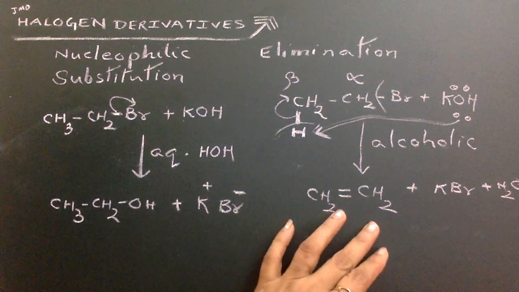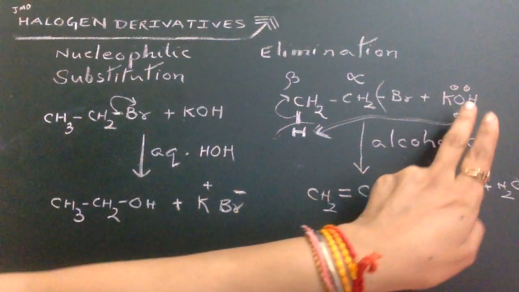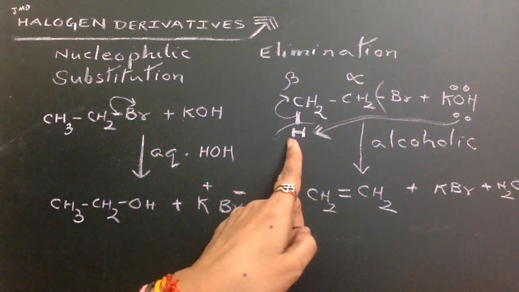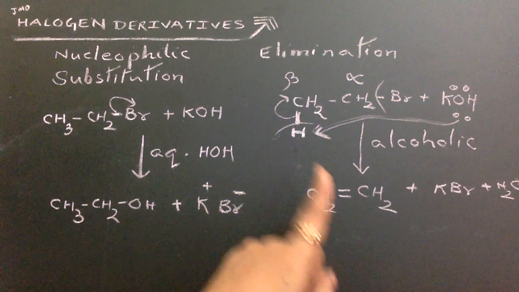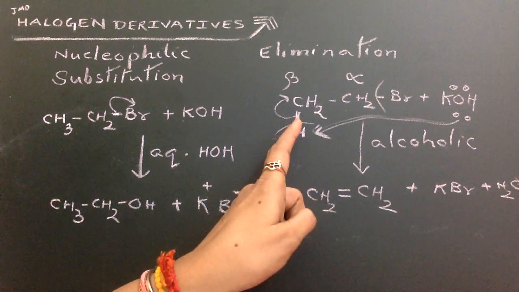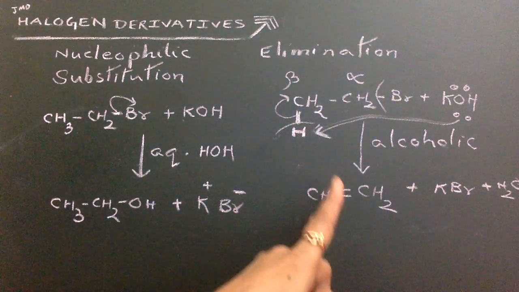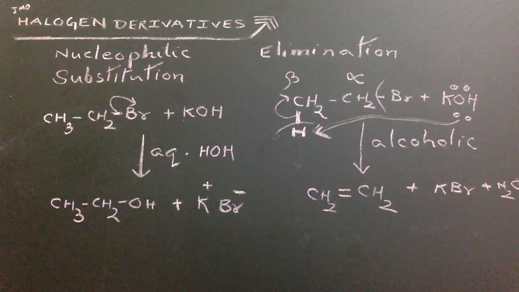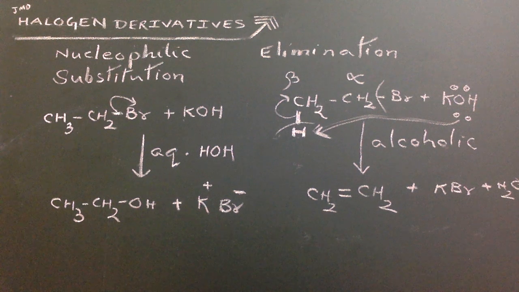Whereas in an elimination reaction, the KOH base abstracts a beta hydrogen, which makes a pi bond, that is, two sigma bonds break to form one pi bond, and this reaction is called the elimination reaction. I hope students till here it is clear.